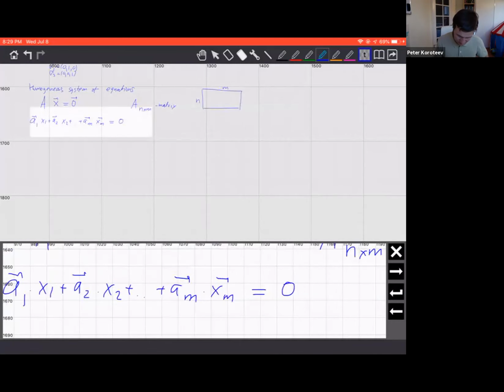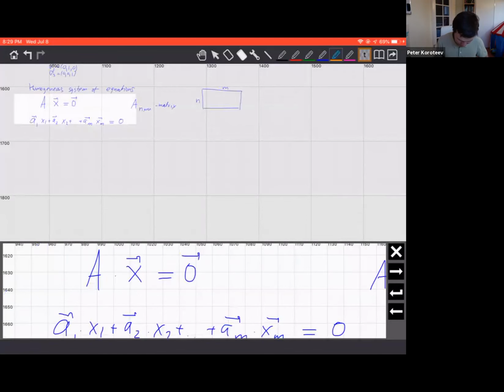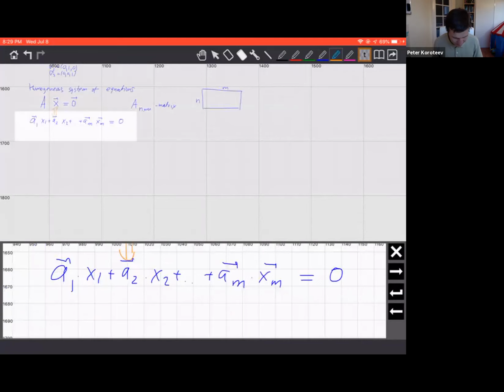Now these two statements are equivalent. I shouldn't put a vector sign on xm.